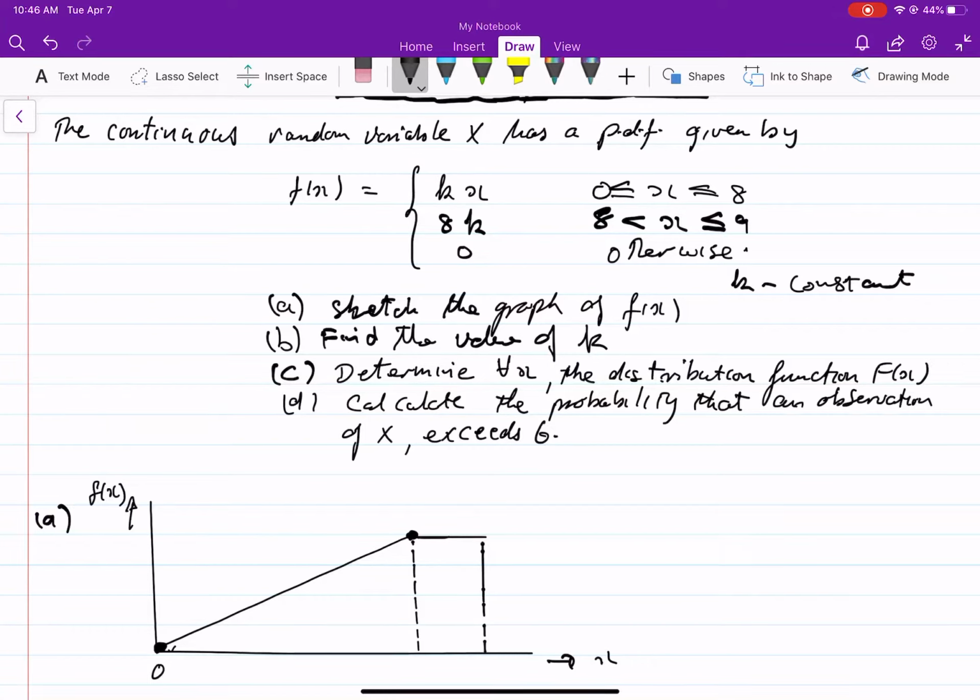So we're going to simply plug in the two end values of x equals 0 and x equals 8, and draw a straight line between the 2 points. So when x is 0, k times 0 gives me 0, so I'm starting at the origin. And when x is 8, kx is k times 8, or 8k. So this y value there would be 8k.